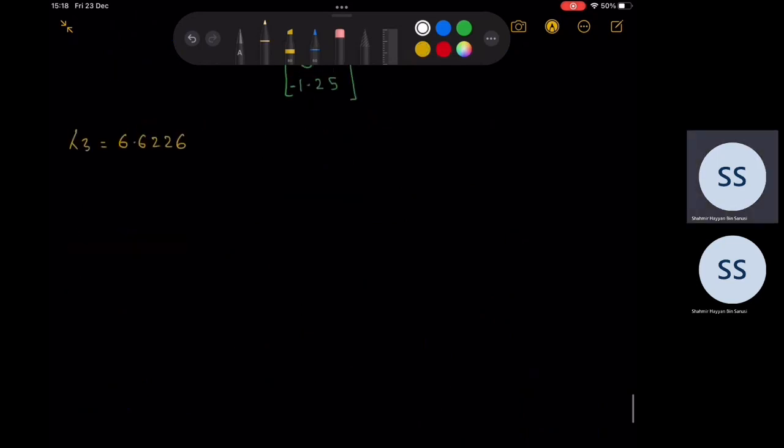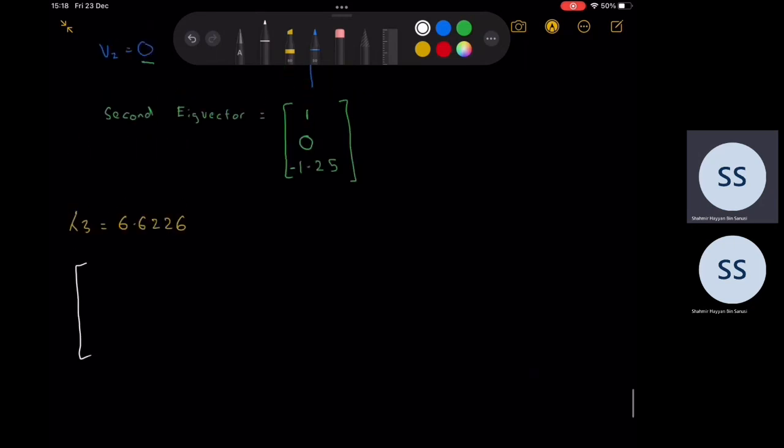And same thing again, replace the lambda 3 value in the matrix of AV.